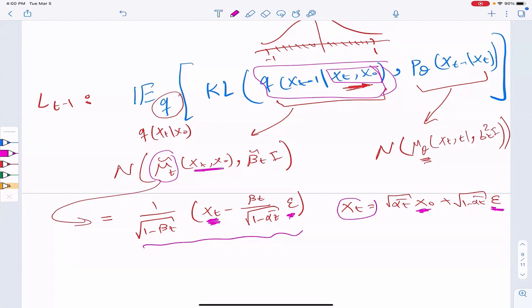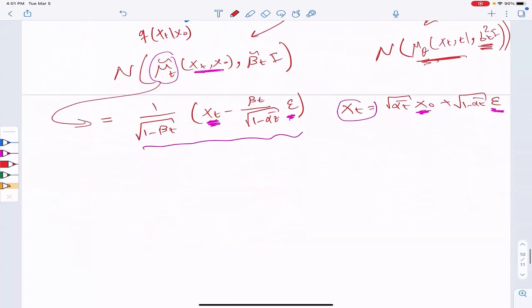Then I have two Gaussian distributions with some mean vectors and basically scaled identity covariances, and I want to compute their KL. It is very simple. It is just the L2 distance, roughly speaking, between the mean vectors. So therefore, this whole optimization boils down to the following.